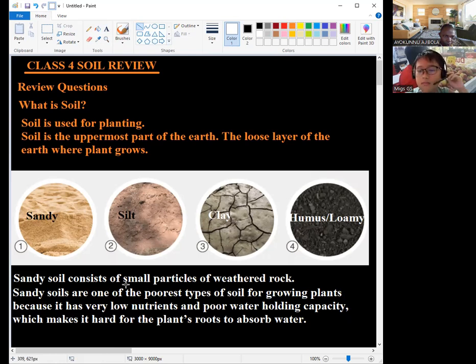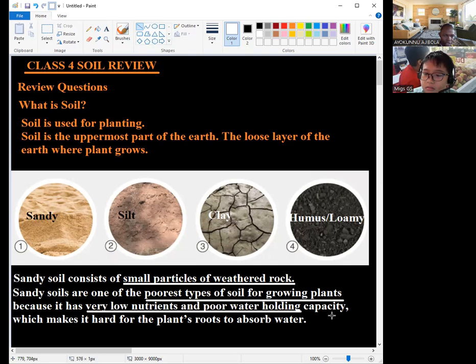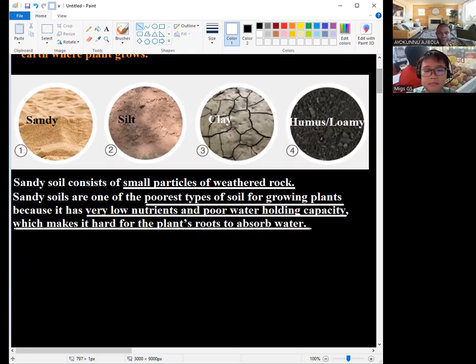So these are the points: small particles of weathered rocks, the poorest type of soil for growing plants, very low nutrients and poor water holding capacity. So it makes it hard for plant roots to absorb water and nutrients.